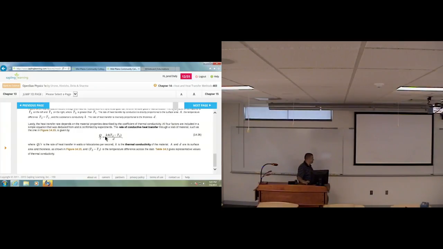For things that heat doesn't transfer through very well, like foam, K is going to be very small. If you have two different materials, you're going to have two different Ks, and two different rates, one for the first material, one for the second material.